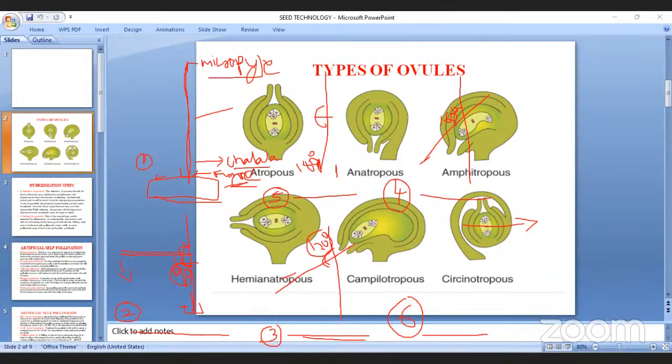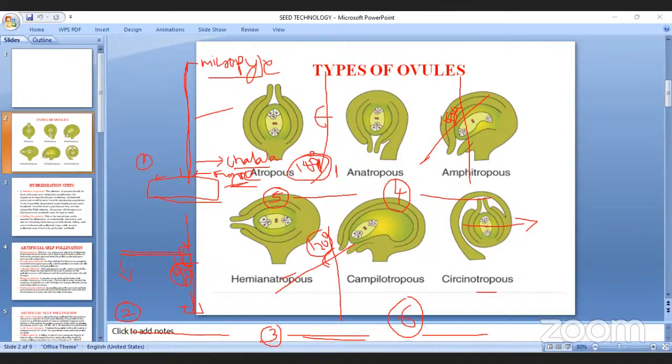Now tell me the total degree of circinotropous. Yes, 180, actually the previous 180 degrees. The micropyle takes a full turn. That means here it is down, here half, and here full.